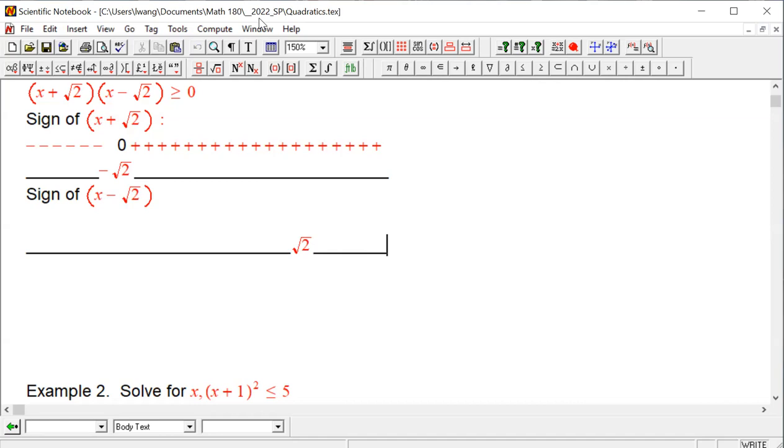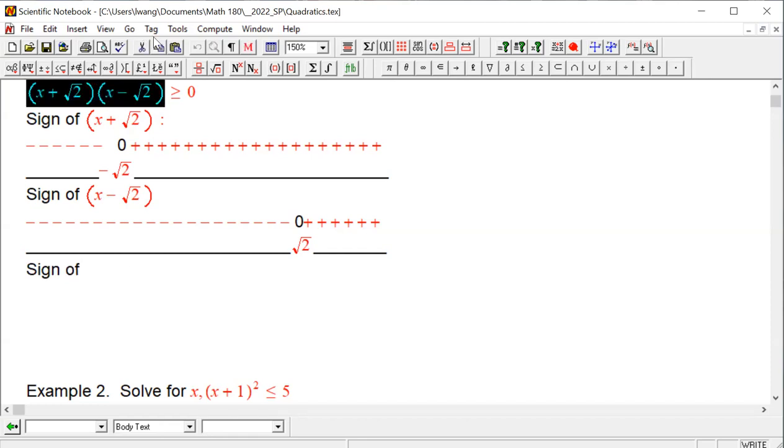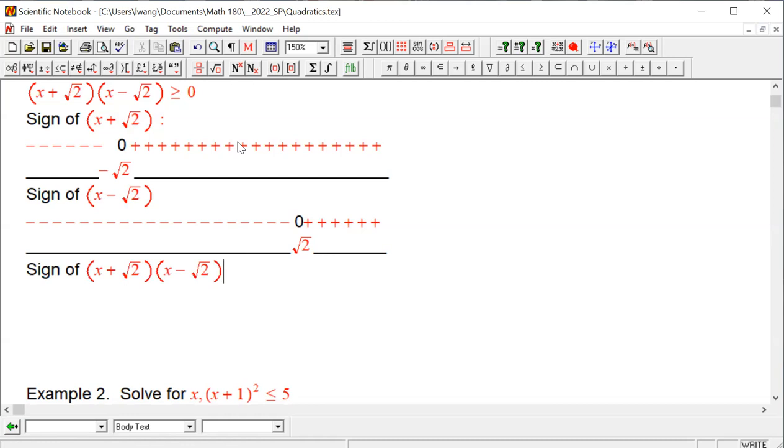When you pick a number less than root 2, it's going to be negative. At root 2 it is 0, and larger than root 2 it is going to be positive. And in the end, you look at the sign of the product. It's very similar. It just takes longer.